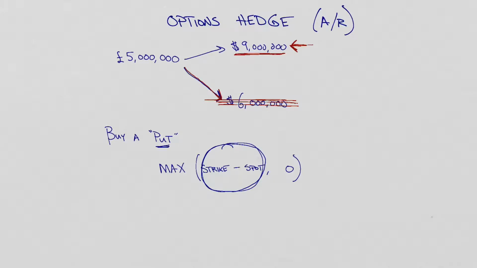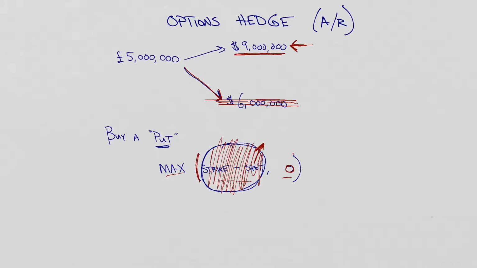But given the options formula, if it goes the other way, if the pound strengthens, we get the maximum with this options contract of either this amount or zero. And so if the pound really strengthens, we can just X out this component and have an option that's not worth anything to us.